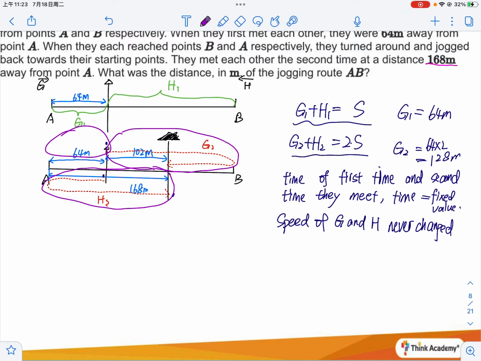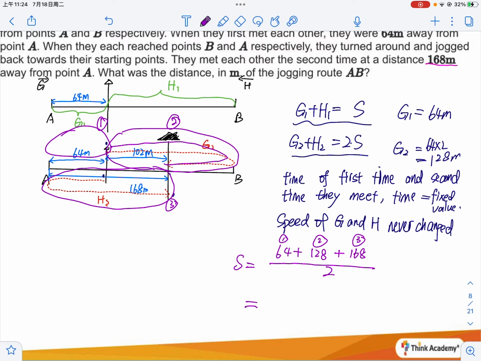It will become 2 times the total distance, which means S should equal 64, this part 64 and 128, which is how much distance G2 runs from here to here, plus 168 meters, this is the third part. This part is divided by 2. It's just the total distance. Then you calculate, it will be 180 meters. So the answer is 180 meters.